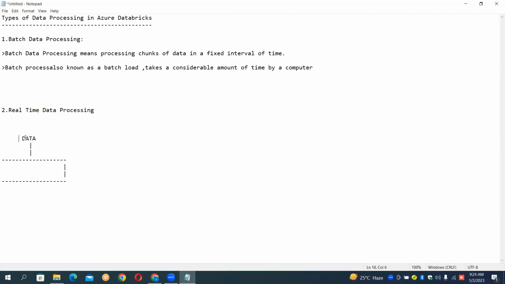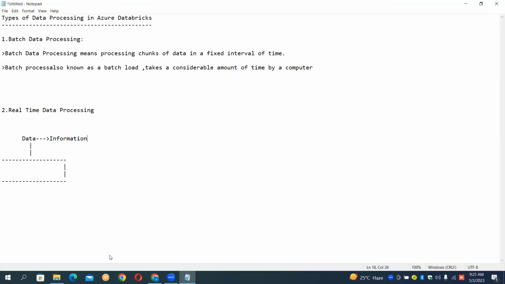So guys, here you have data. What do you mean by data? Can you tell me what data is? Data is nothing but information, a piece of information.